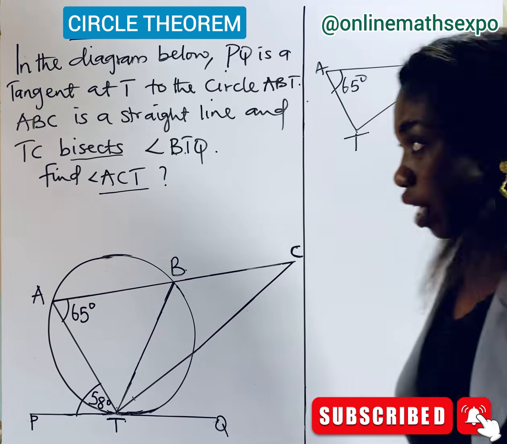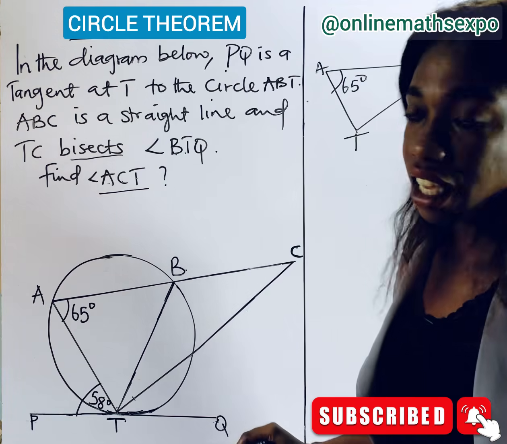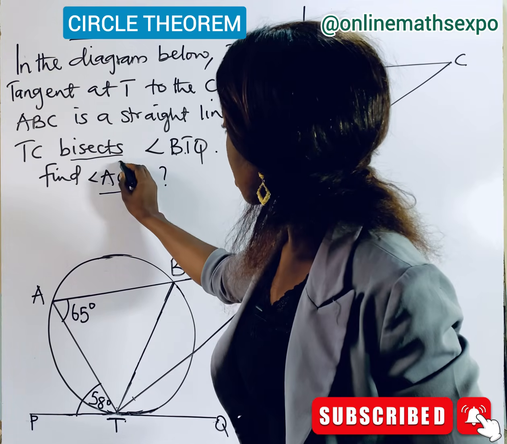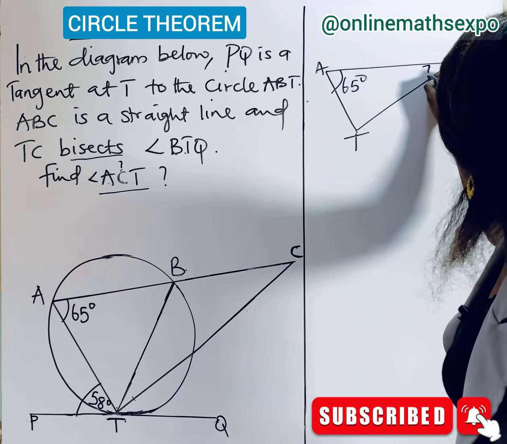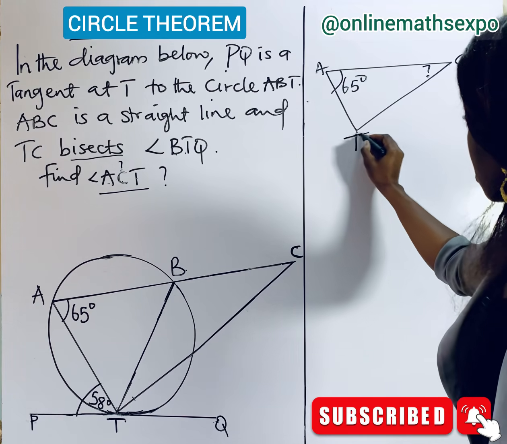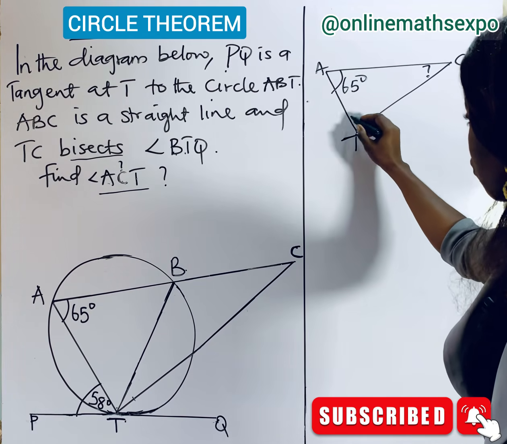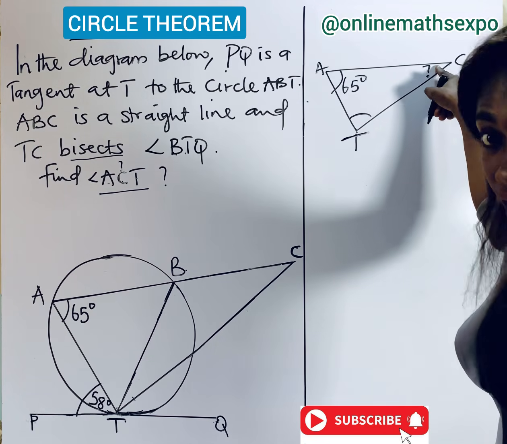So this is what we are interested in. And it is this angle. When you hear ACT, it means that the angle is formed at C. So this is where the angle is formed. So we are looking for the angle at C. Now, can we get this angle at T? Is it something we can get? If we can get this angle at T, then it helps us to find the angle at C.